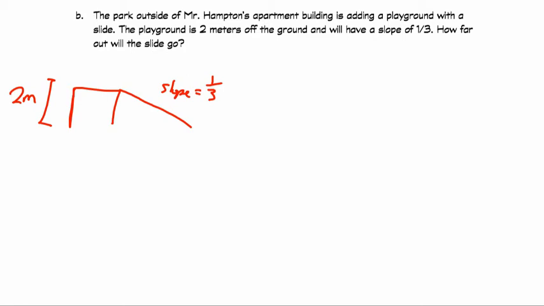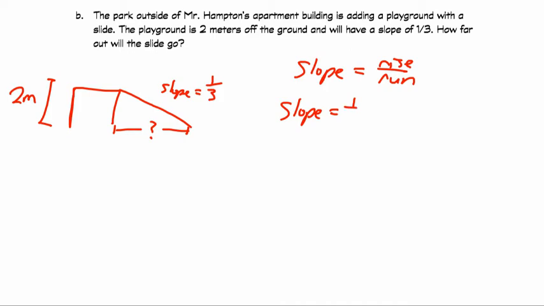So we want to figure out how far this slide is going to go. We know our slope is equal to the rise over the run. We know our slope is 1/3. We know our rise is 2 meters, and we want to find our run.